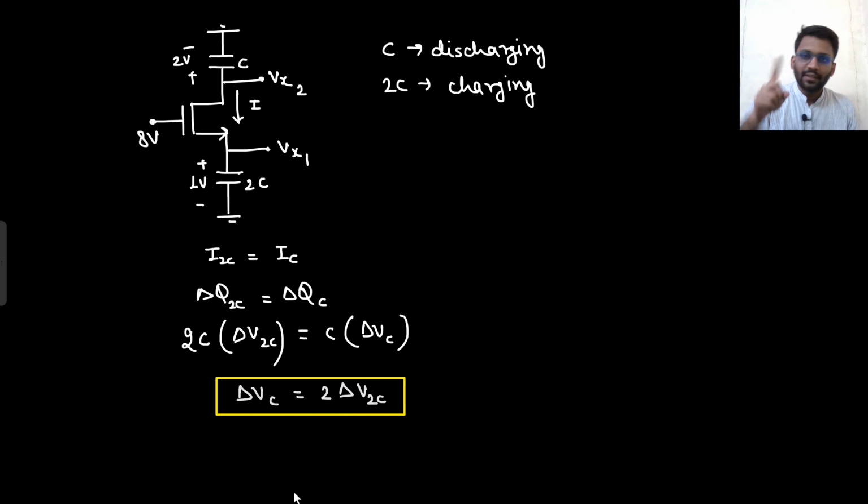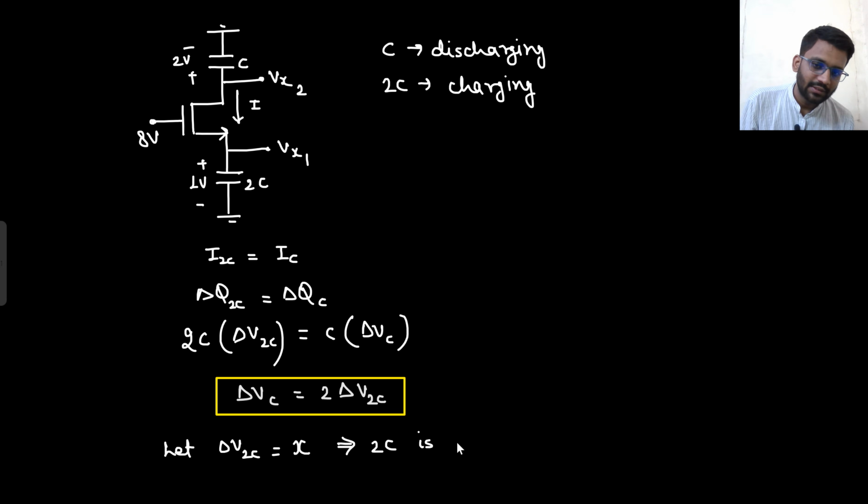This is the relation. The change in voltage of C would be twice the change in voltage of 2C. Let the change in voltage of 2C be X. That means 2C is gaining X voltage.